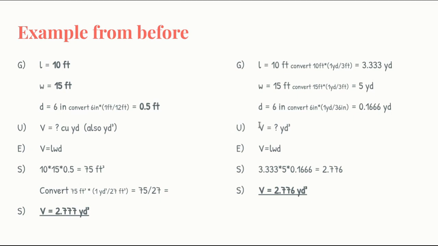The volume we're looking for is in cubic yards, so we have everything set in yards. Volume is length times width times depth, 3.333 times 5 times 0.1666 equals 2.776, and that's 2.776 cubic yards. Notice there is a slight difference between these two, but if you're looking at overall volume, this is what we want.